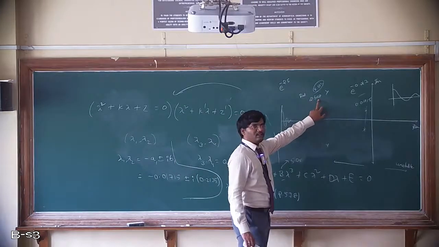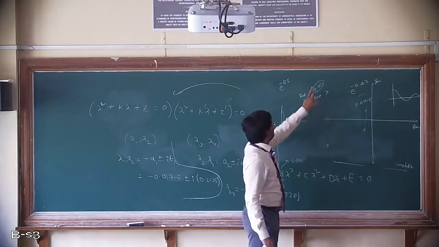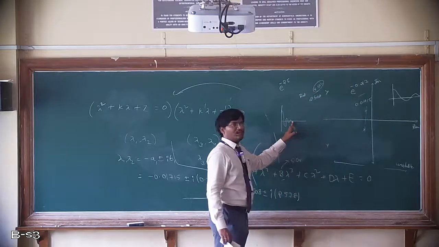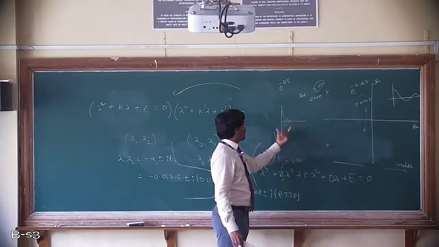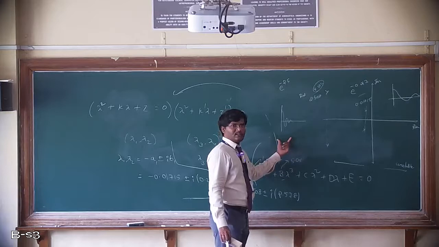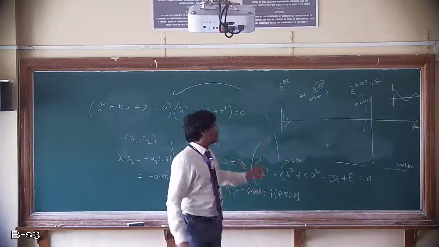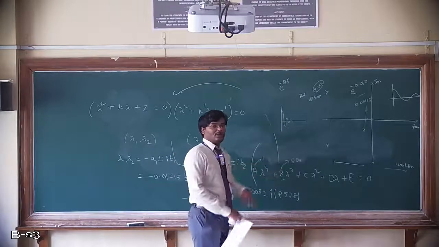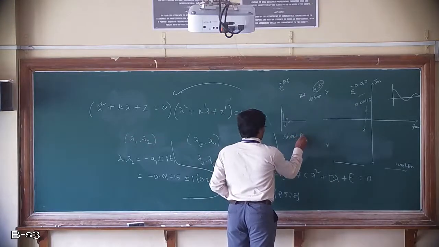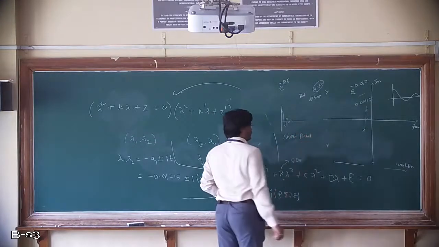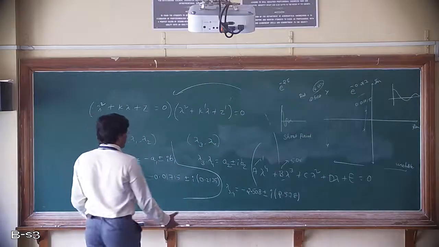That type of mode is called the Phugoid mode or long period mode. Here lambda 3, lambda 4 have real part 2.508, which compared to this is very, very high. So it will respond immediately and come to the initial position within fractions of a second. So the time period is very, very less and the frequency is very, very high. This type of mode is called the short period mode.